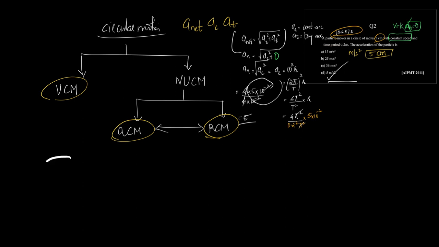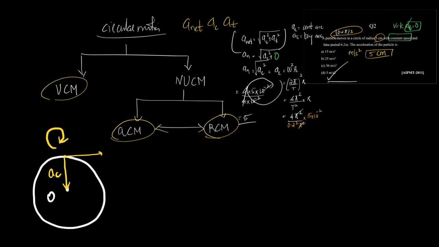When we have uniform circular motion, say this is the center of the circle. This represents the direction of centripetal acceleration, and velocity is always tangential. I assume the object is rotated in the clockwise direction. So the velocity is like this, and the angle between centripetal acceleration and velocity is 90 degrees.